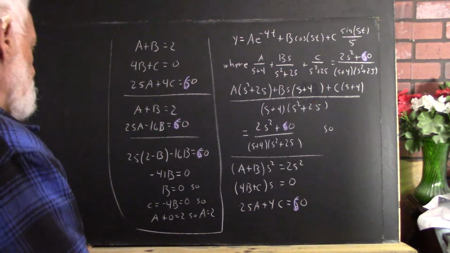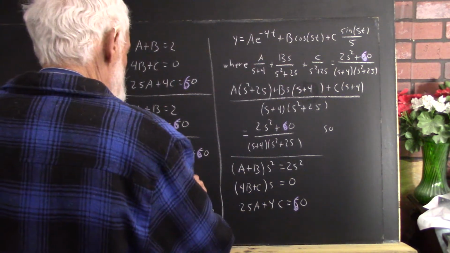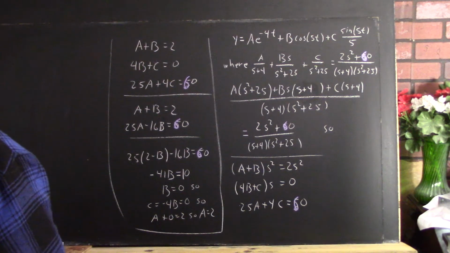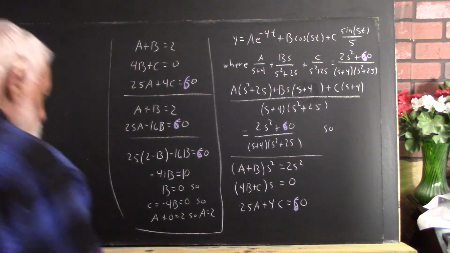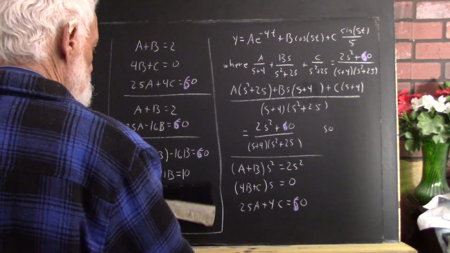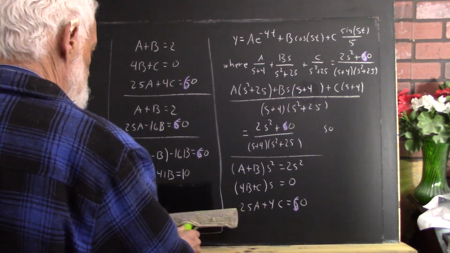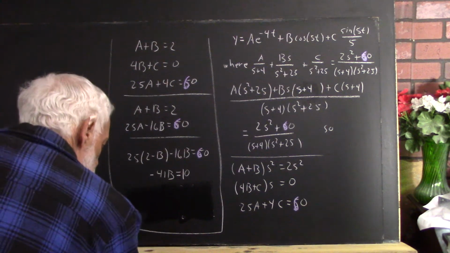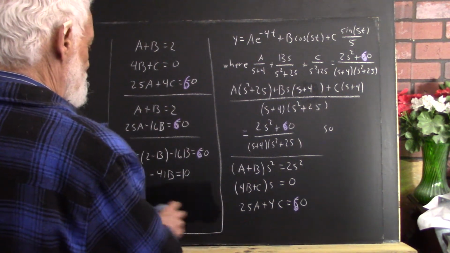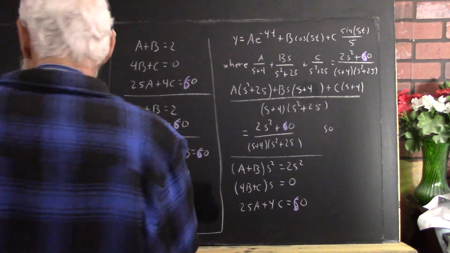And now negative 41b is 10. Still not totally confident. But now I have at least a chance of getting the solution right.